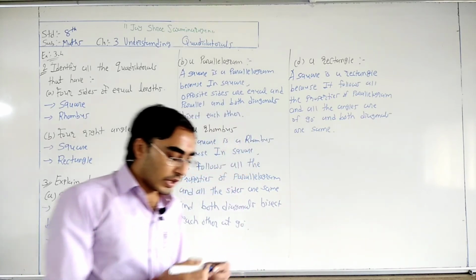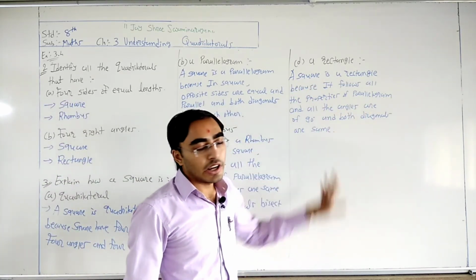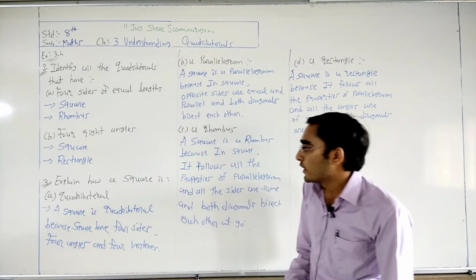That's why a square is a rectangle. Okay, it follows all the properties of a rectangle, all the angles are 90 degrees and both diagonals are the same. That's why it is called a rectangle.